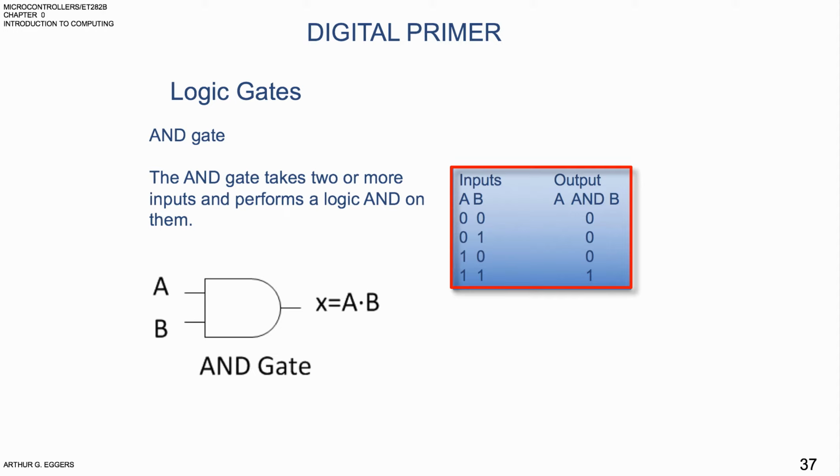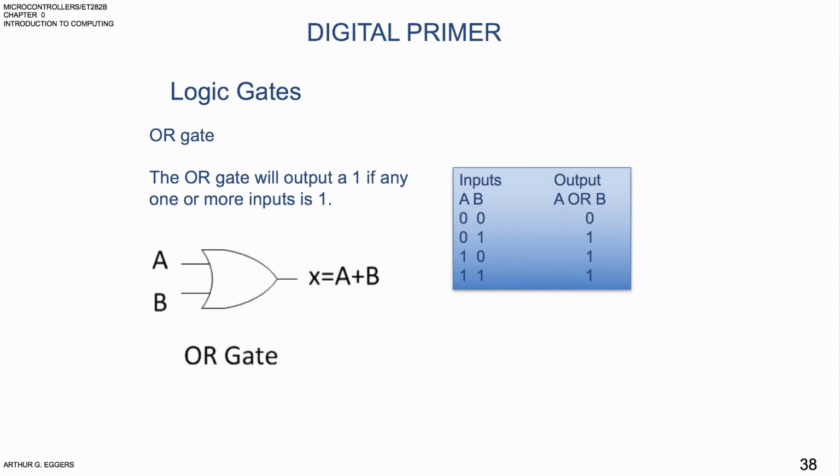And you can see from the table here what the inputs and the outputs look like. Simplest case, the OR gate: any high will give you a high. In this case, X equals A or B is telling you that either one of those inputs can be high to give you a high at the output.